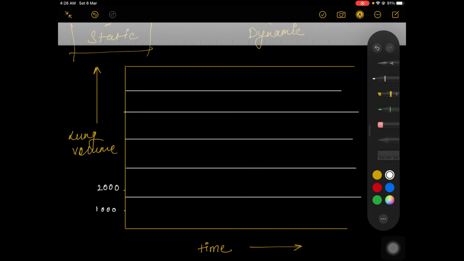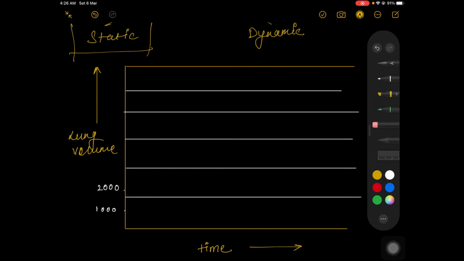Let's assume 1000 ml for each block: this is 1000, this is 2000, this is 3000, this is 4000, this is 5000, and this is 6000. That is the maximum.